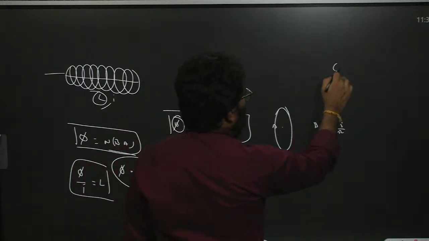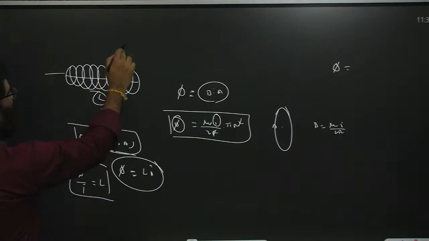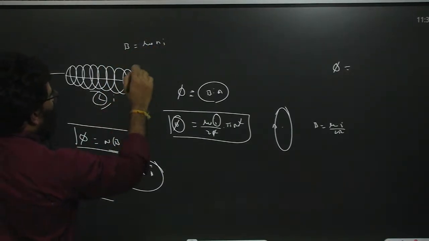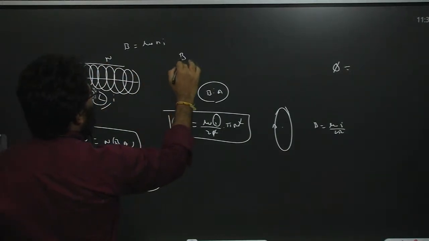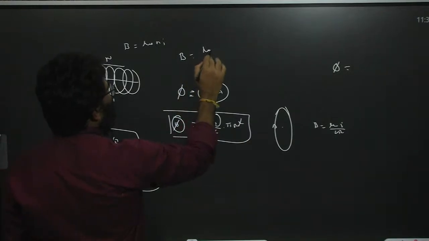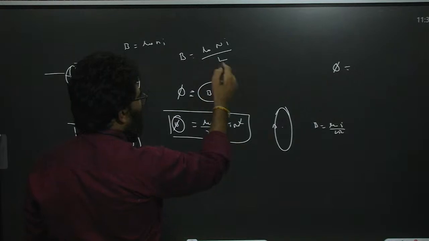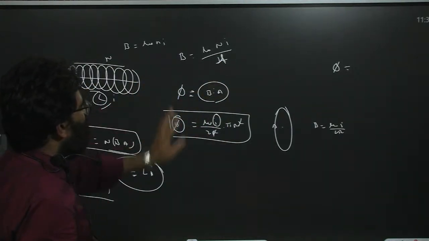Flux due to the solenoid: the magnetic field is mu naught n into I, where n is the number of turns per unit length. Suppose N turns are there and the length is L. So B is equal to mu naught N I by L, where L is the length of the solenoid. So mu naught n I is the magnetic field due to the solenoid.